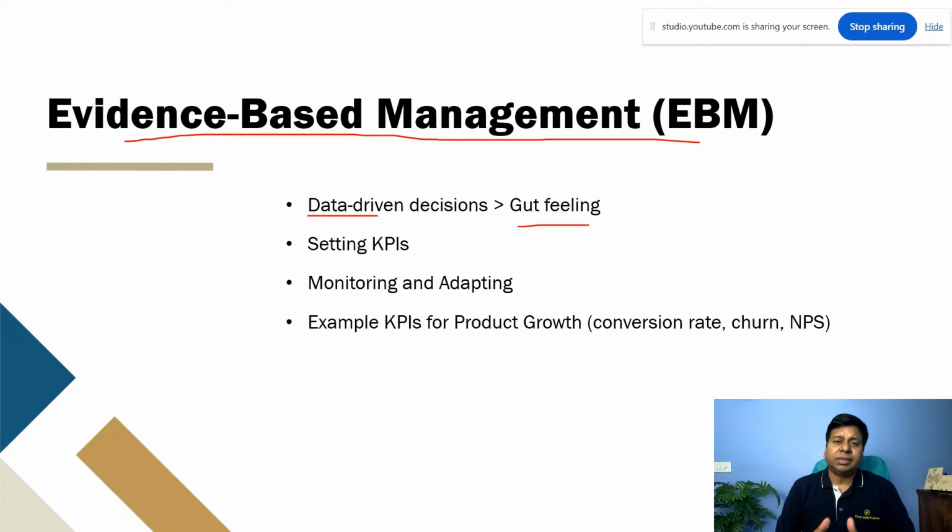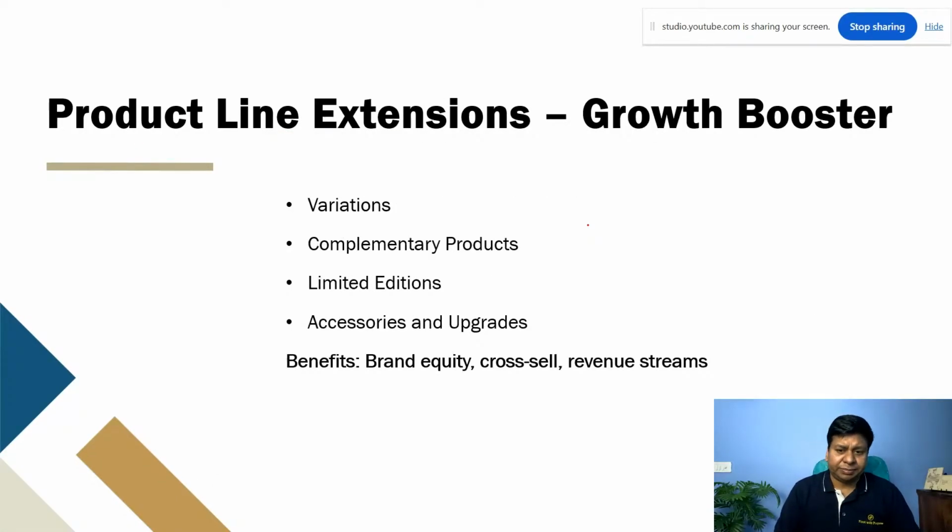Right? So effectively, data is the key, and we should have the right KPI to measure, and we should be continuously monitoring and adapting the KPIs and the data provided. Right? Keep these things in mind.